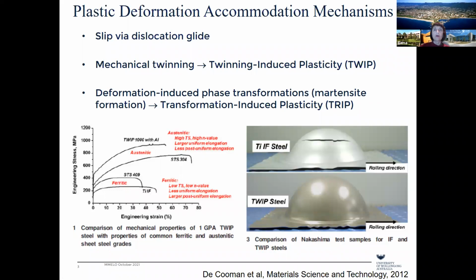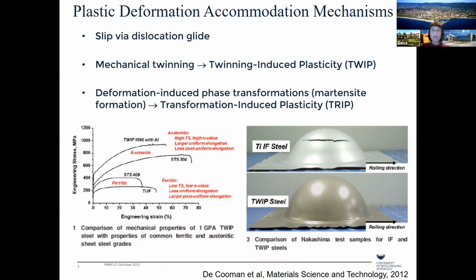Because of this combination of useful properties, including energy absorption, TRIP and TWIP materials already find or will find suitable applications in different industries. For steels, these are usually the automotive industry and also structural materials and transportation, while for titanium alloys, about which I'll also be talking, it could be biomedical applications too, and the aerospace industry.